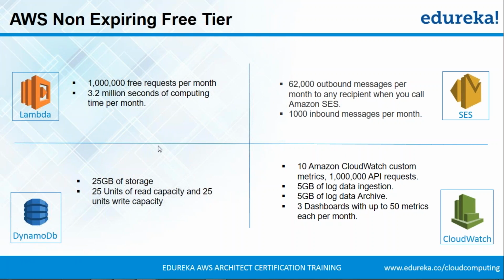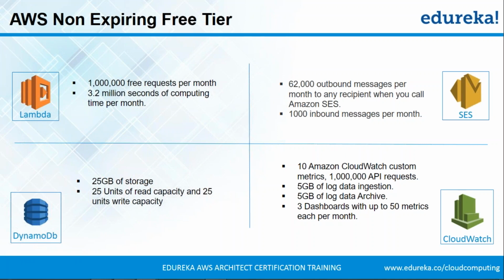Next up, we have DynamoDB. DynamoDB again falls under the non-expiring free tier, and under it, you get the first 25 GB of storage for free, and you get 25 units of read capacity and 25 units of write capacity for free. Now, what is 25 units of read capacity and 25 units of write capacity?